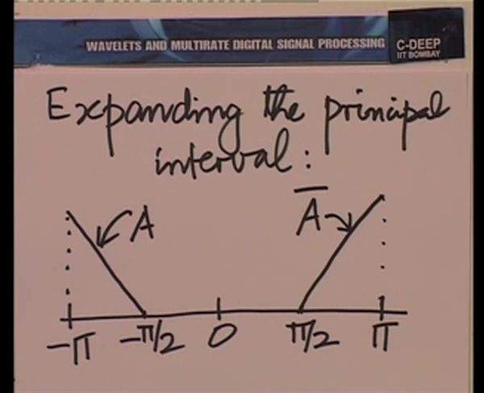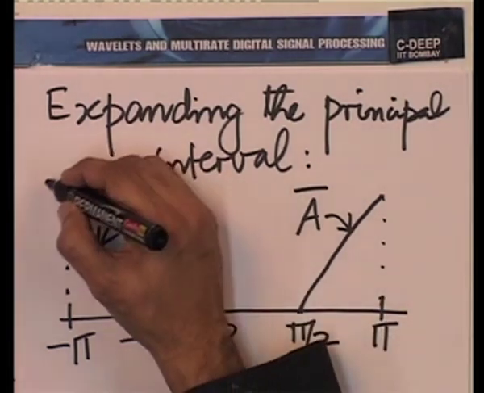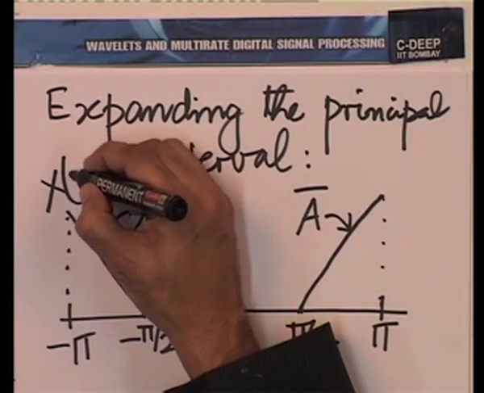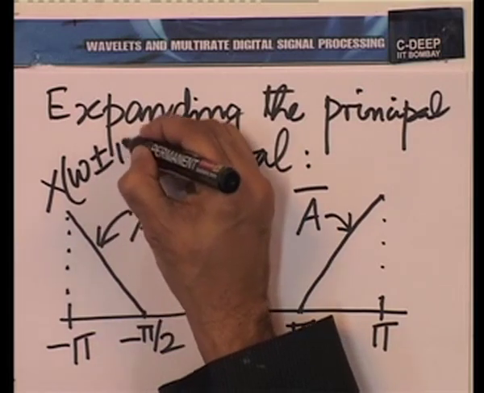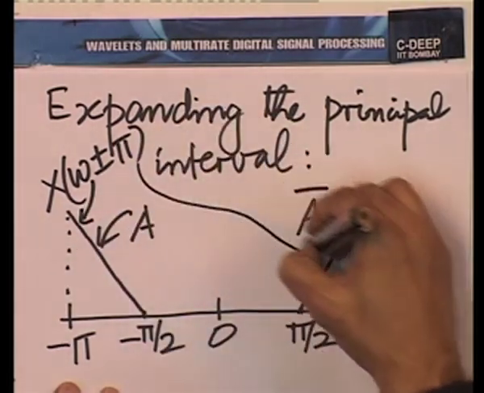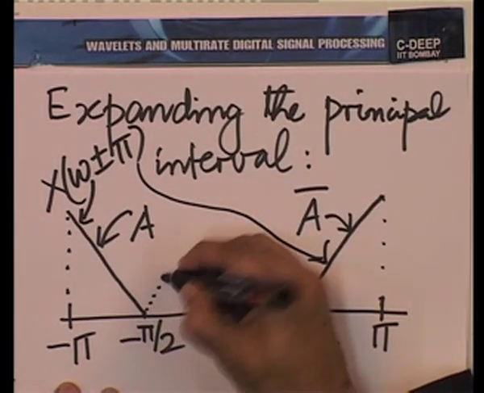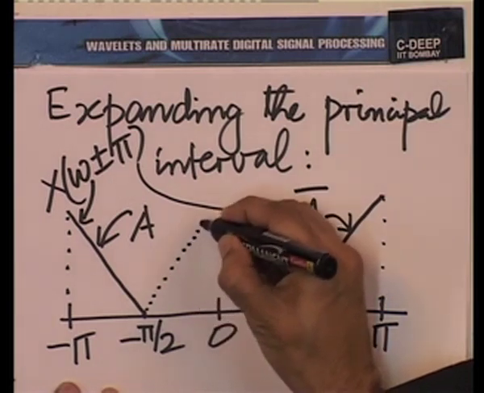Now, just for convenience, I shall show in dotted on the same diagram what we had just for capital X. So, what I am saying is the solid lines here are X of omega plus minus pi. And I shall show in dotted X of omega, just to be clear.